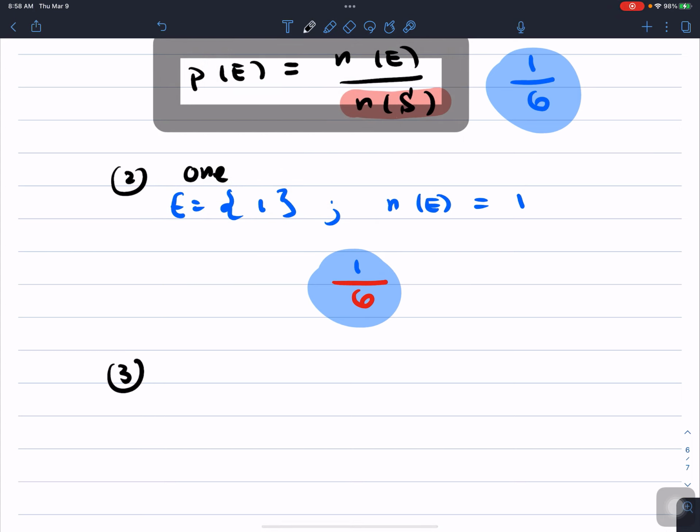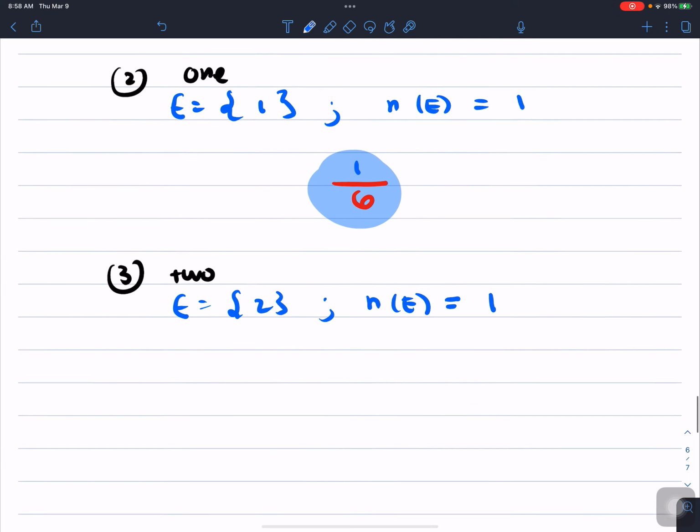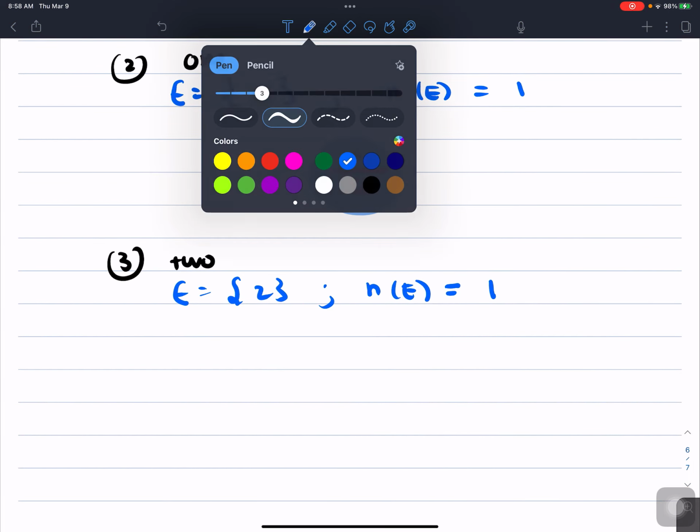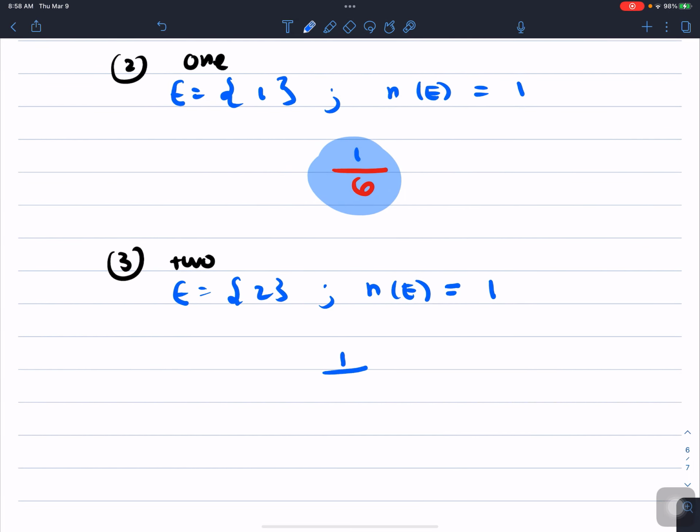Number 3. Chance you select a 2. What's that going to be for E? It's only the 2 here. Okay. How many outcomes consist of being just 2? 1. What's the probability of rolling a 2? 1 out of 6.